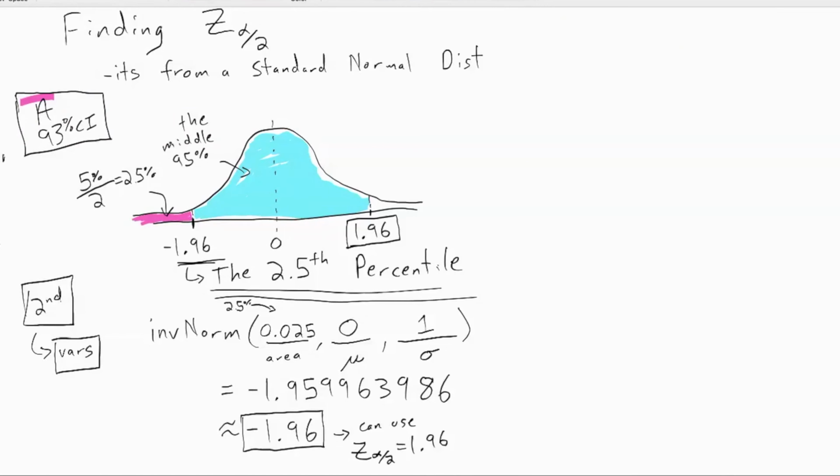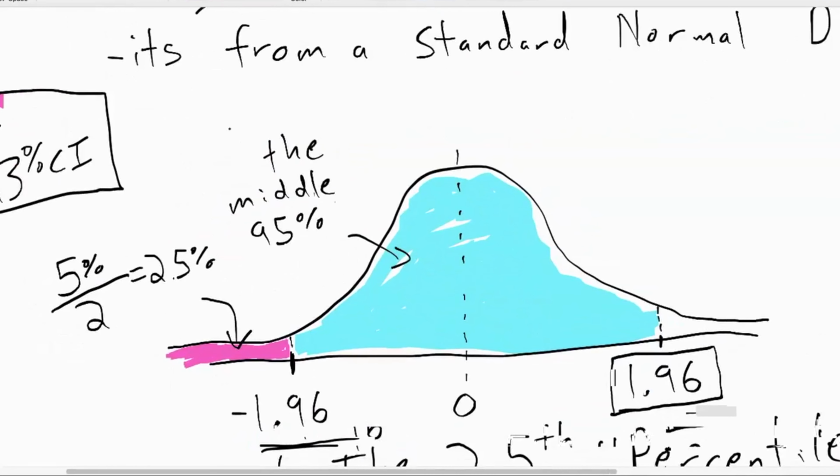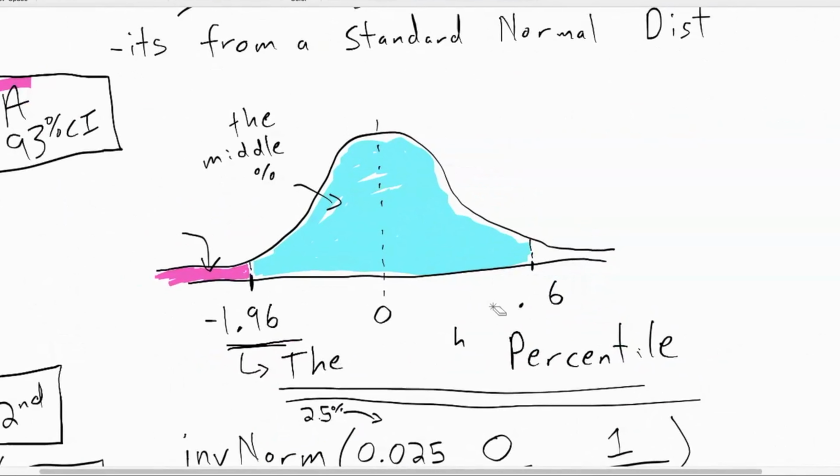Our middle region is not going to be the middle 95% anymore. It's the region that corresponds to our level of confidence. So we're going to make a 93% confidence interval, which means that we're going to have the middle 93% here. How much area is going to be in just this lower portion then? 3.5%.